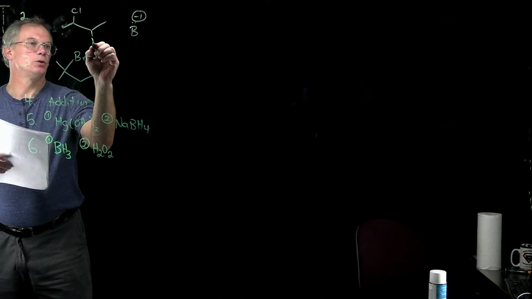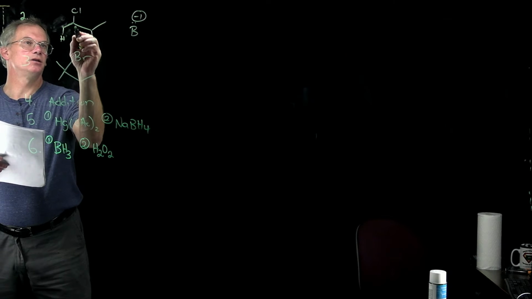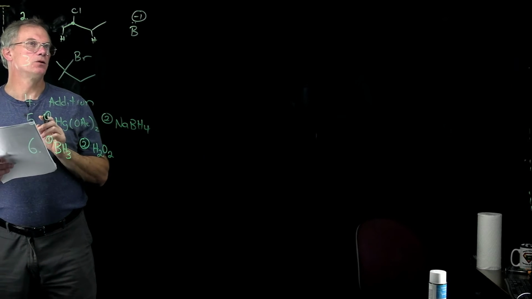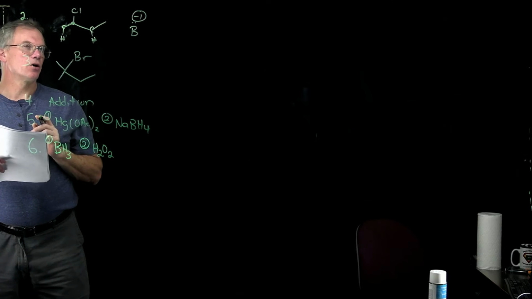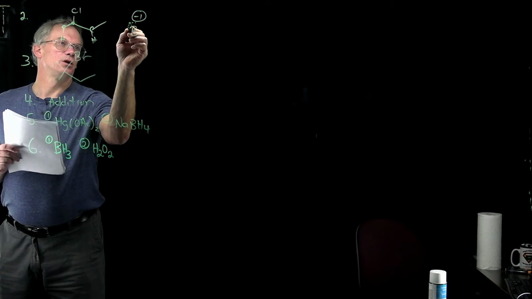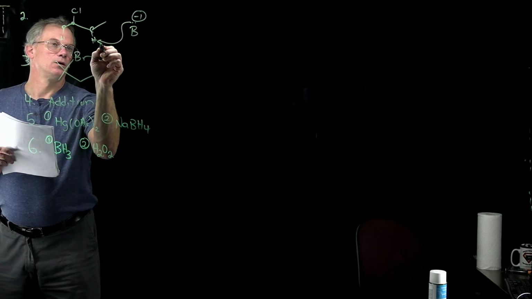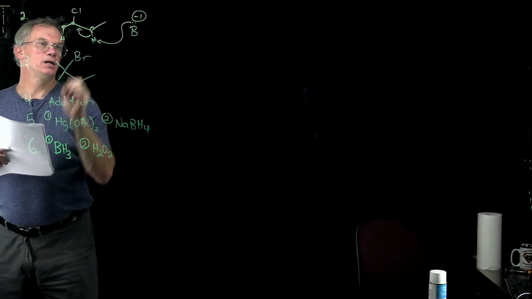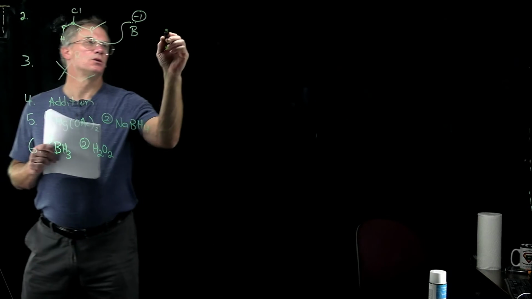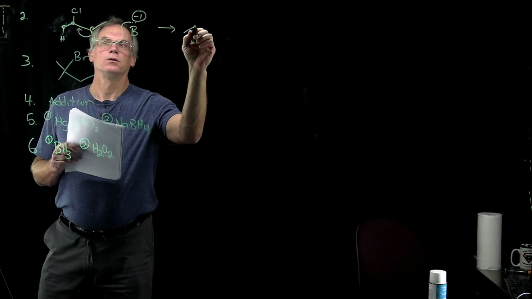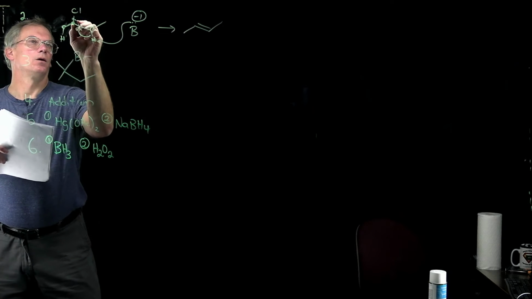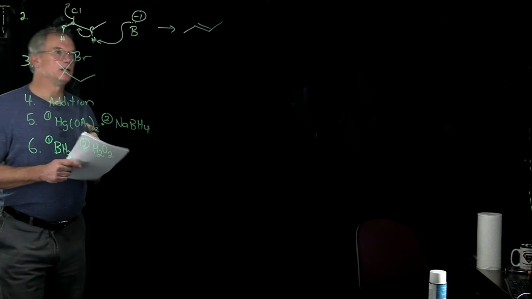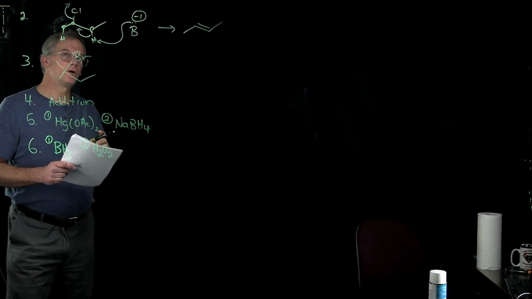And what the base will do is abstract an H, not from the carbon which bears the halogen, but from adjacent carbons, and mechanistically elimination happens as the halide leaves, and it could happen as an E1 or an E2.